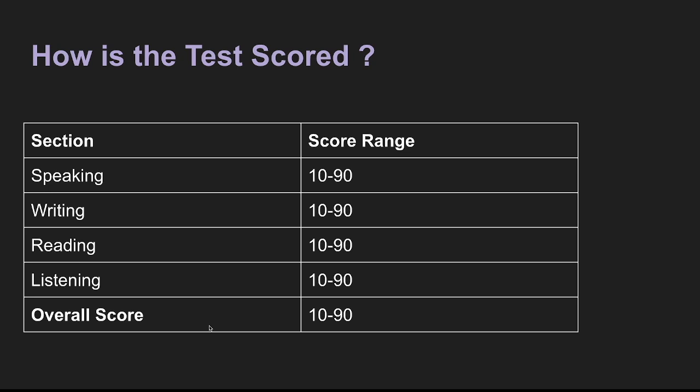Retell lecture tests speaking and listening, and so on and so forth, okay? So performing well on one task can boost multiple section scores. That's an important thing to remember, okay? Now, since PTE is a digital test, you get the results very fast, usually within 24 to 48 hours, okay?